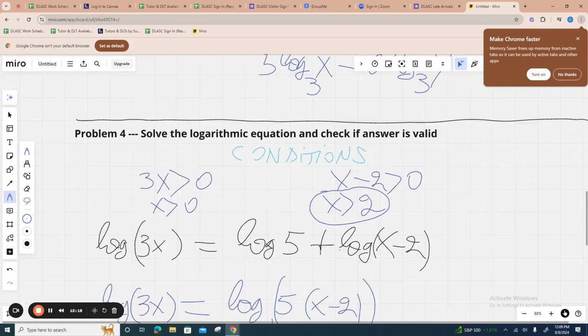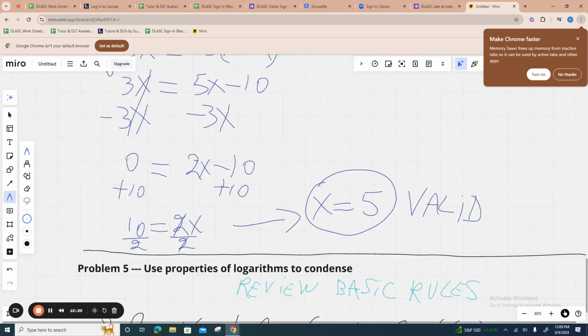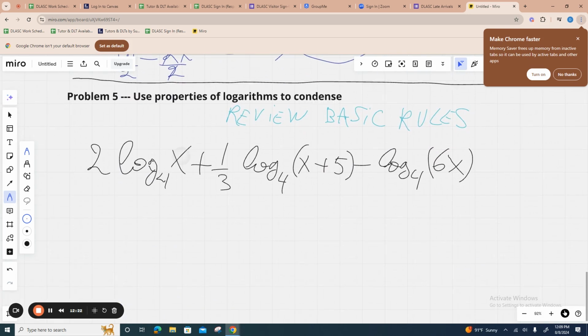So now let's go back to problem number 5. We have some numbers in front of those log 4 of x. So we can't multiply or divide until we do something with those numbers. What I'm going to do is use rule number 3 to bring those powers up. I don't have it for the last term.